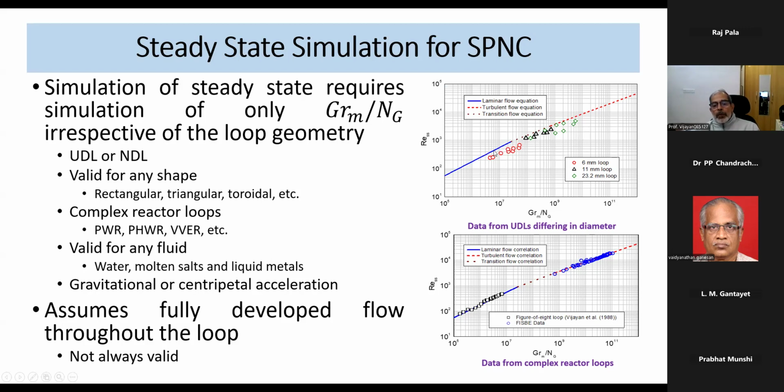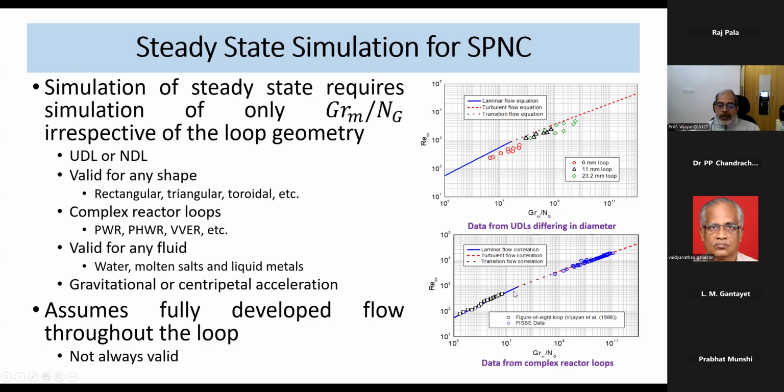Here we are showing that it is valid for 3 different loops. If the laminar flow situation prevails, this is the prediction, and if it is transition or turbulent, it is like this. On the other hand, if you look at non-uniform diameter loops, it is like this. So it's a complex figure of 8 loop, which is used in PHWRs.